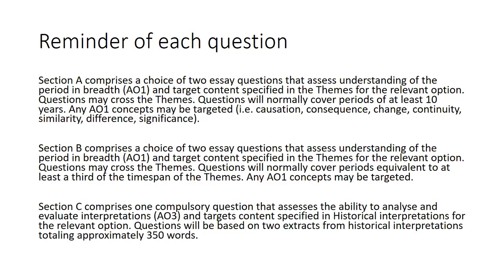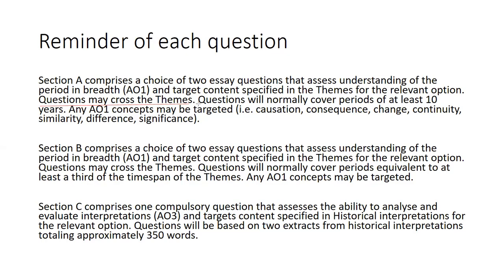Now, the key thing here that you must understand is that some of the questions might cross the themes. So the 4 themes in our paper, we look at parliamentary democracy in the first unit, then we look at working conditions, then we look at unionism, and then we look at poverty. A question might cover the themes, so you could talk about different themes in the questions.